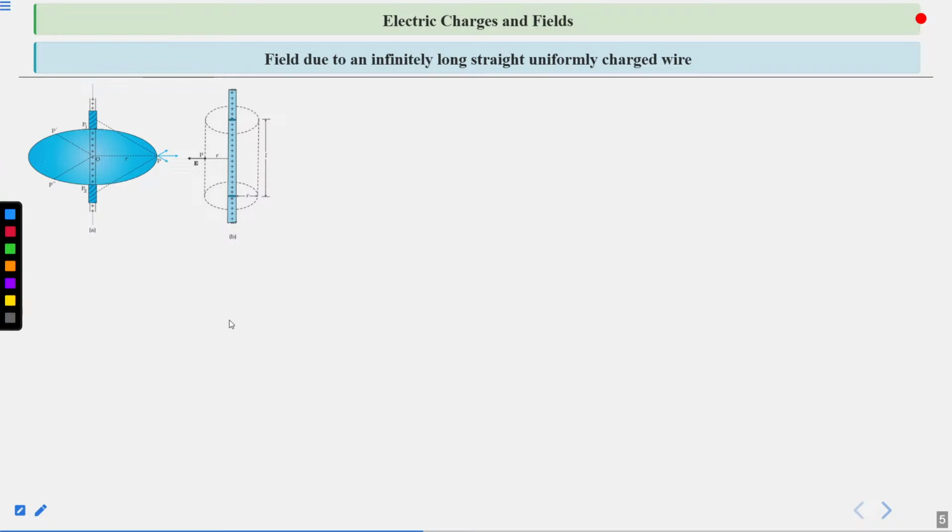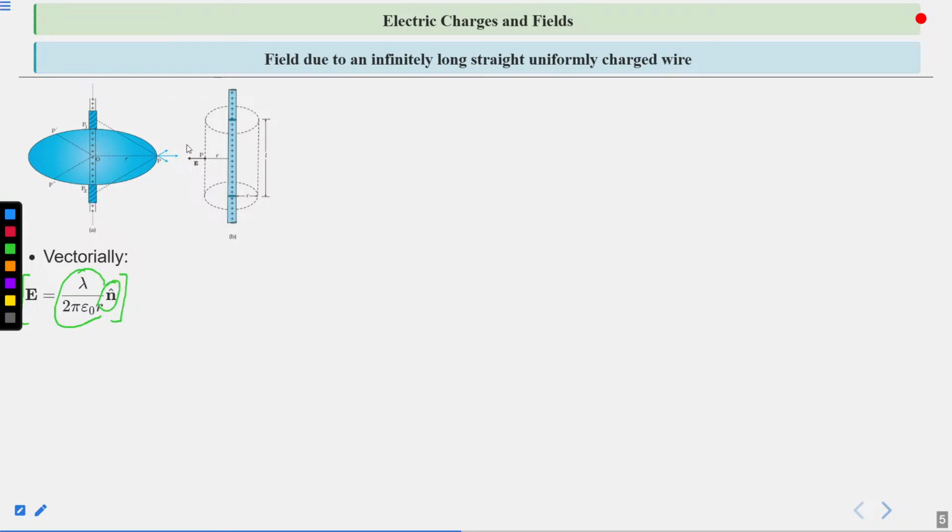So if we see it vectorially, E is equal to lambda divided by 2 pi epsilon naught r n cap. Look here, this value lambda divided by 2 pi epsilon naught r is the magnitude. Clear? And what is n cap? n cap is the direction.